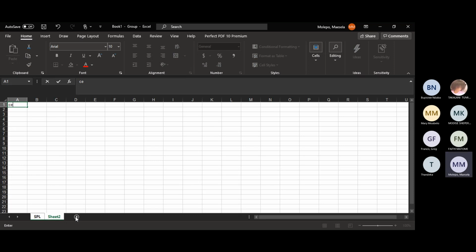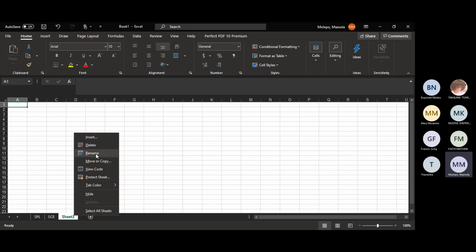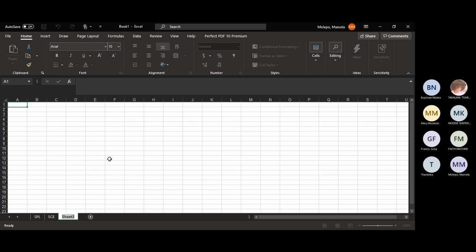And then here it will be SCE. And then the next one will be the SFP, which will be our number C. And then the last one will be the calculations.